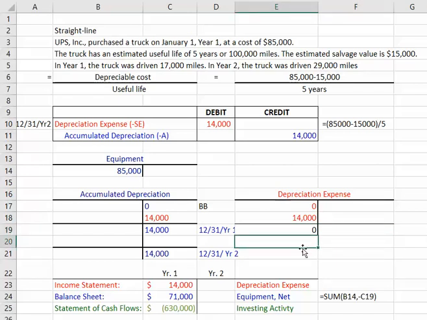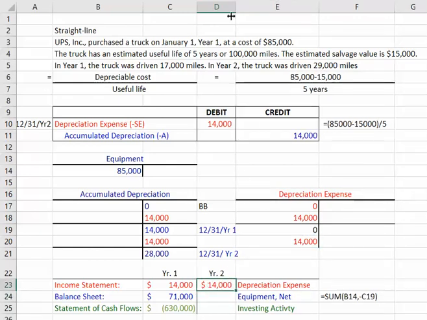So when I go to post the second year, and I get asked a question such as, what is depreciation expense on your income statement for the year ended year 2? It is not $28,000. It's that current year's usefulness used.